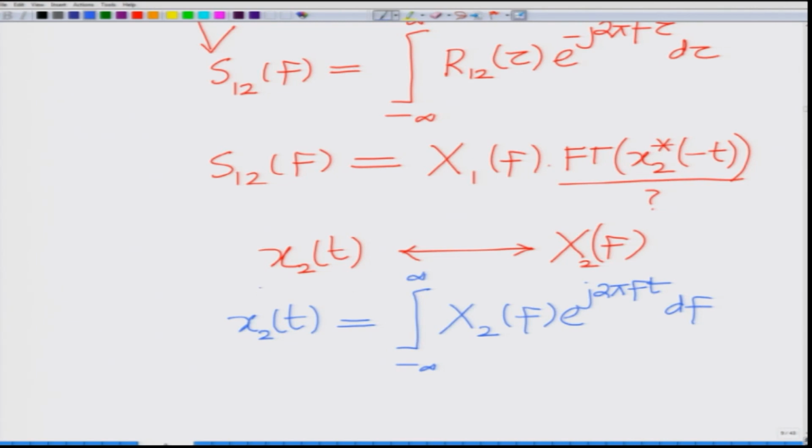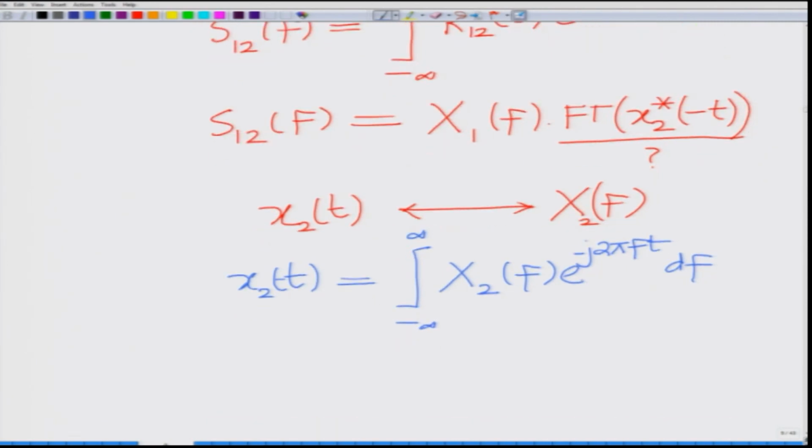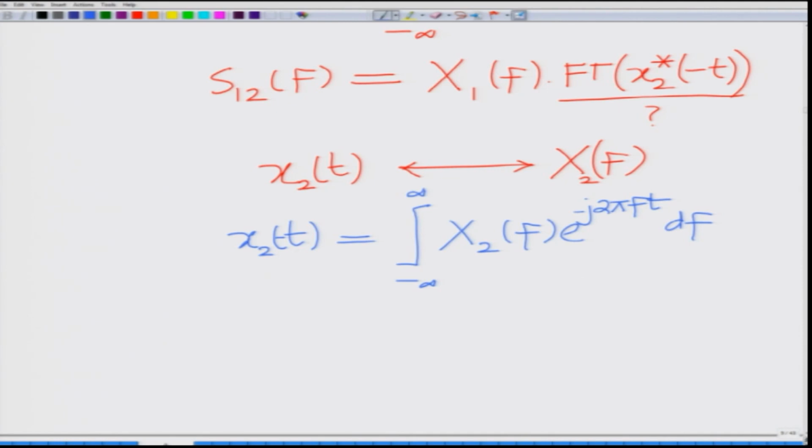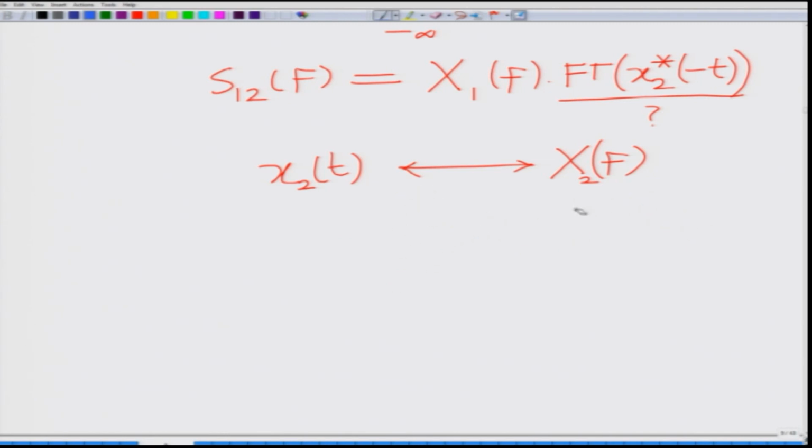Let us look at the Fourier transform instead.